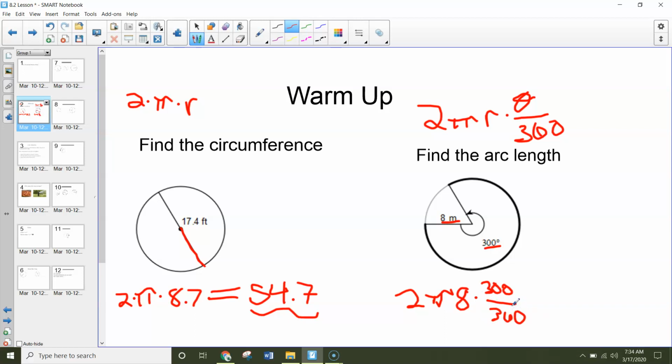So I enter that in, 2 times pi times 8 times 300 over 360, and that gives me 41.8 or 41.9.